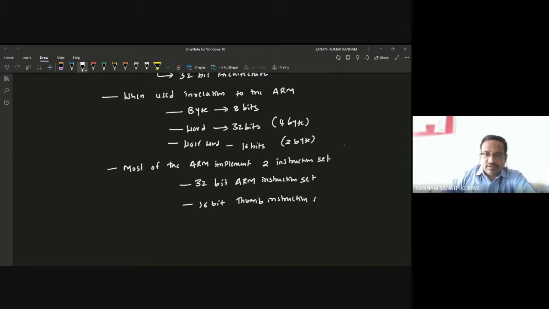In order to increase the code density and decrease the power dissipation, we use the Thumb instruction set.